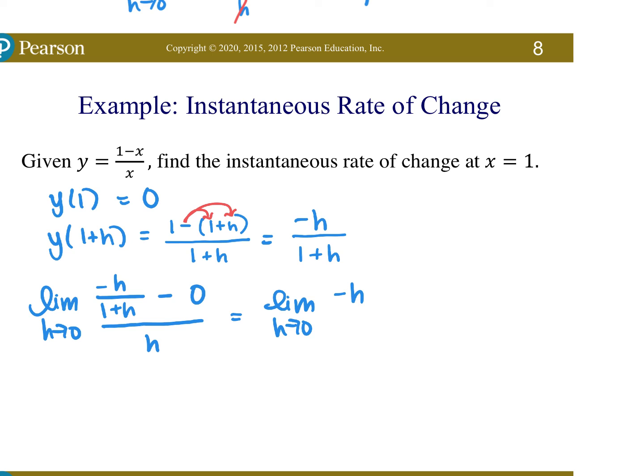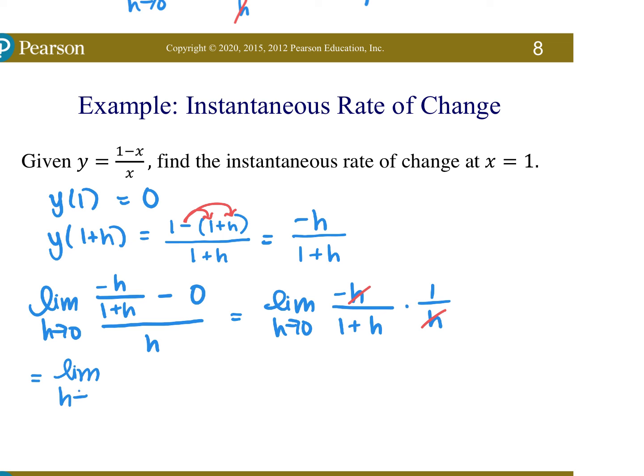So I'll have negative h as my numerator, 1 plus h as my denominator, and then I don't want another denominator yet, so what algebra do I do? Multiply by the reciprocal, which would be 1 over h. That's always better. Then I can reduce. But make sure that you don't neglect that negative there.